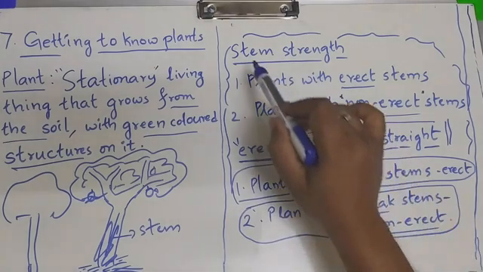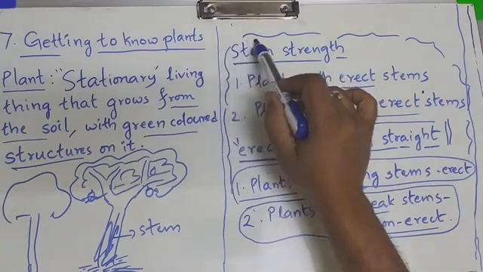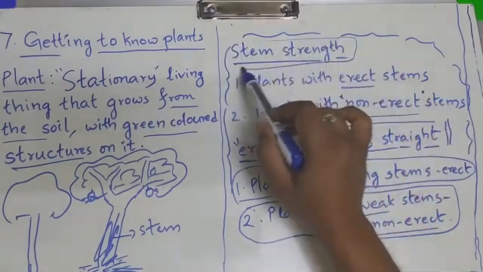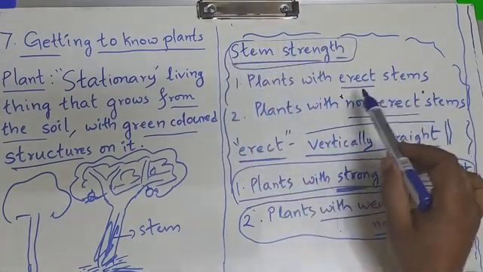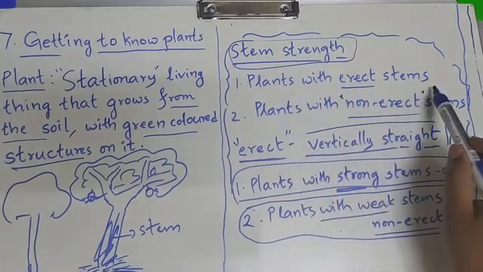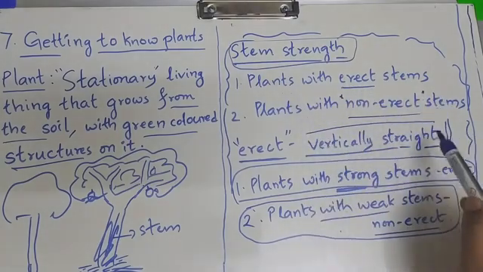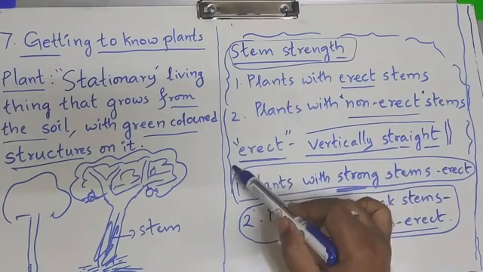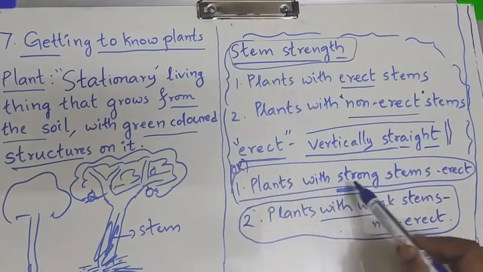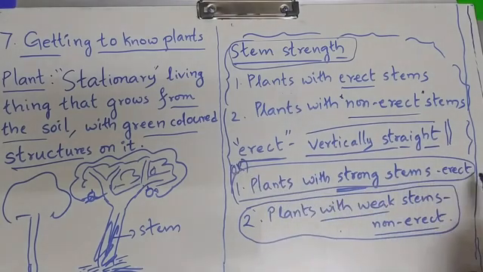So, based on the stem strength as the parameter, how many types of plants are there? Two types. Plants with erect stems, plants with non-erect stems, or plants with strong stems that grow erect, plants with weak stems that cannot grow erect. So, they are called non-erect.